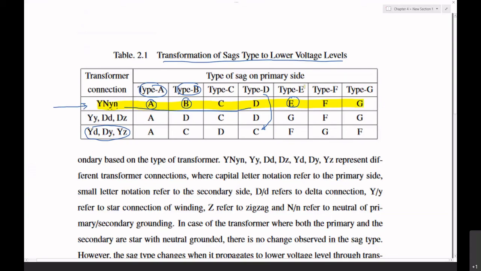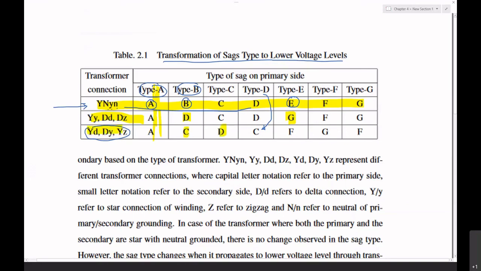Almost whatever the primary side is, it is going to reflect in the secondary side. This is going to change, but this type A fault is the same, whatever type of transformer you take. Only some of the faults change. Type B fault is changing, and D is the same also. F is also the same, G is the same. Here E is going to change to G. Here B is changed to C with respect to these transformers.